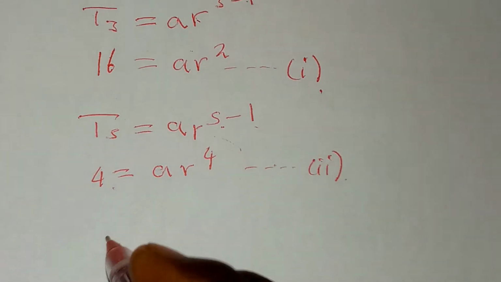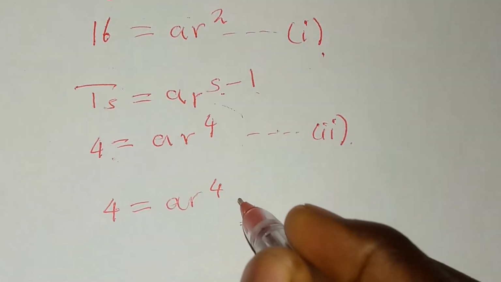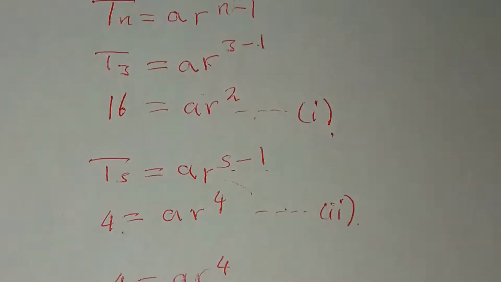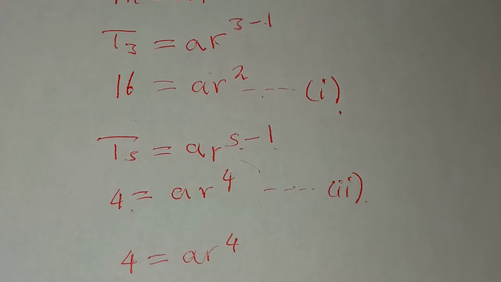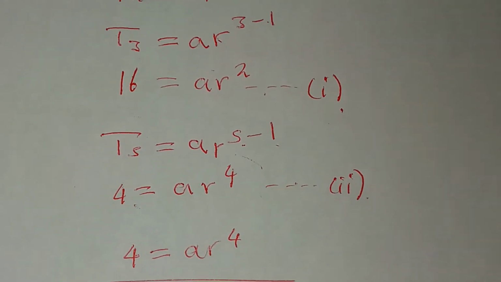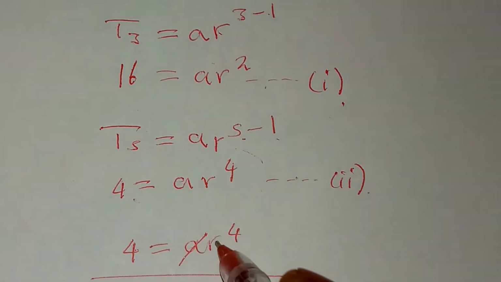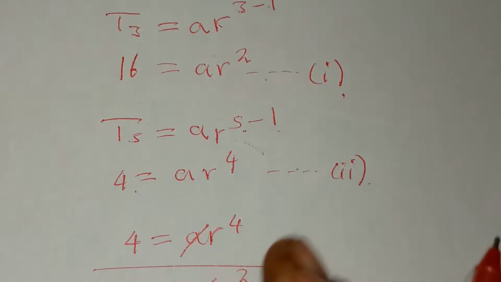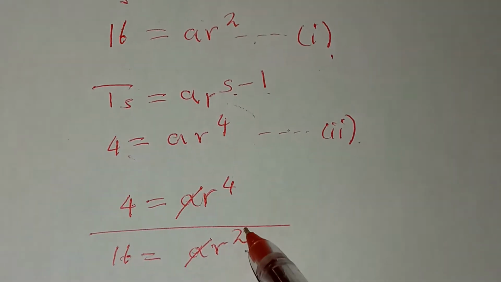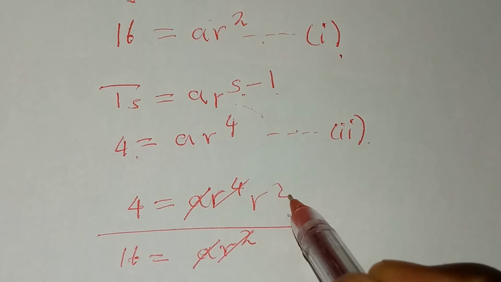So we'll do this. You say 4 is equal to ar to the power 4, then divide by the first equation, which is 16 is equal to ar to the power 2. Then you find that the first term and the first term cancel out. Here r to the power 4 means there are 4 r's, and r to the power 2 means there are 2 r's. So the 2 r's cancel out, and we remain with r to the power 2.